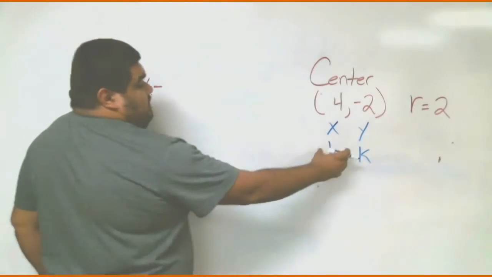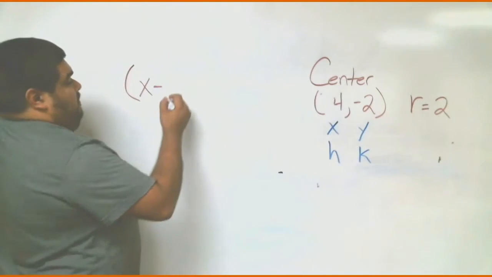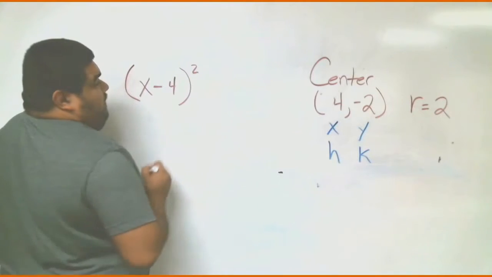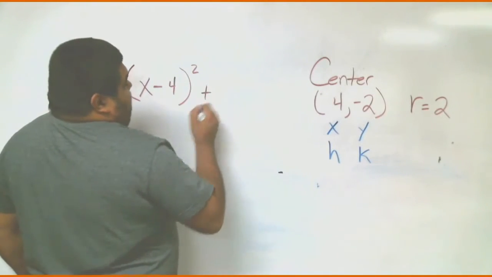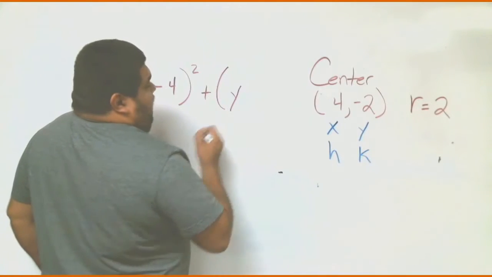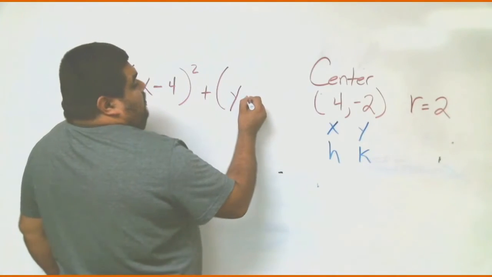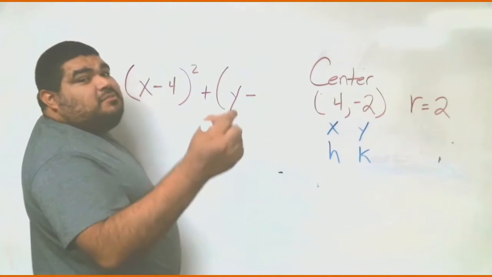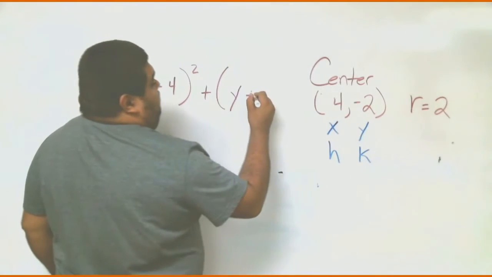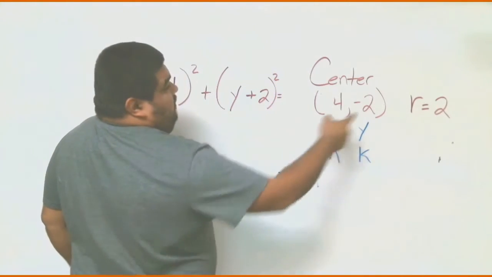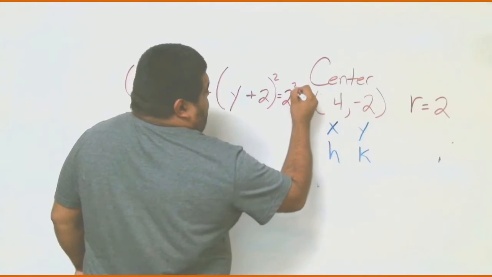So in this case, the h is 4. Close the parentheses, square, plus y minus, but notice that the 2 also has a minus, so it becomes positive, right? So plus 2 squared equals the radius, which is 2 squared.